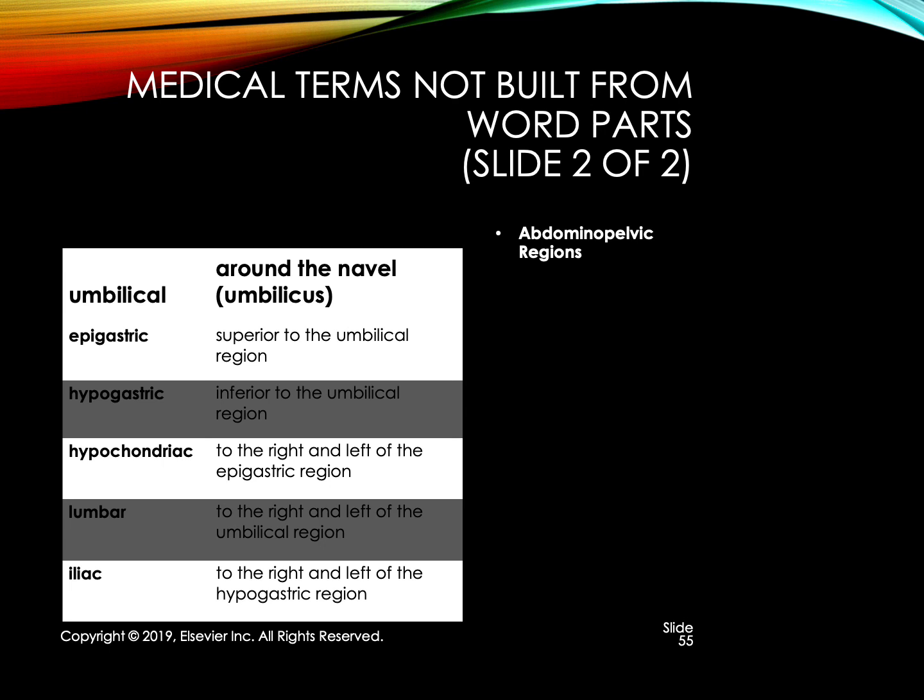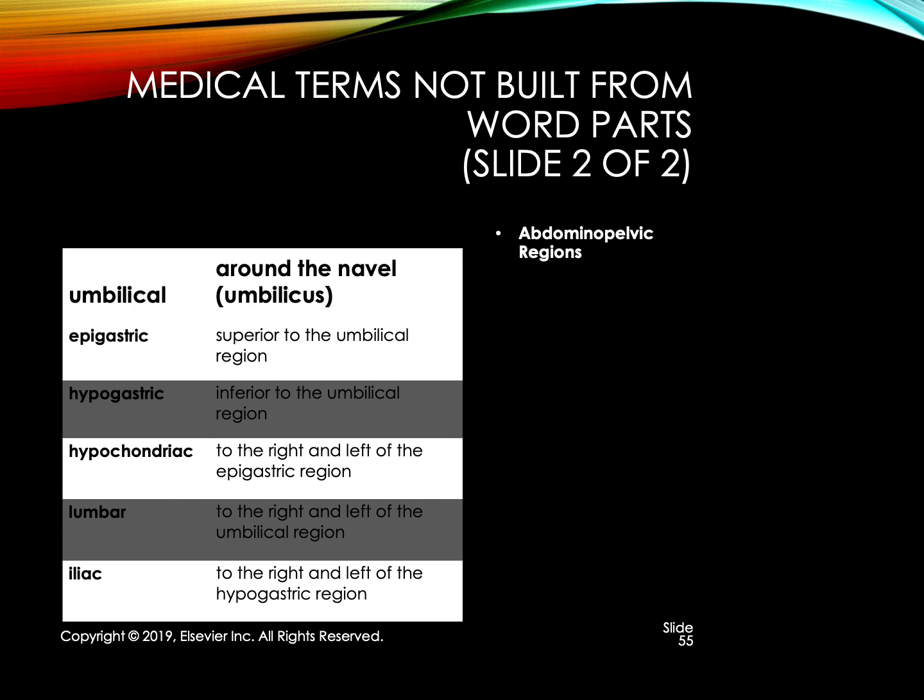Okay, some medical terms that are not built from word parts that we need to know. Umbilical. Umbilical means that it is around the navel or around the umbilicus. That is our belly button, right? The epigastric region is pertaining to the region that is above the umbilical cord, okay, or right kind of around the stomach.